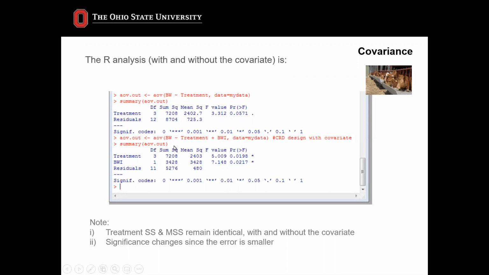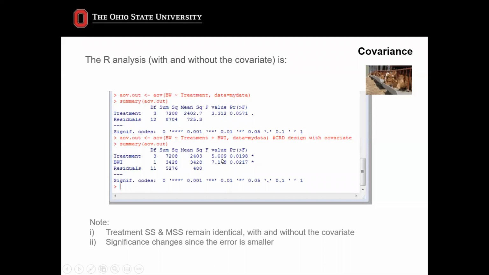But we can see that the error, the 8704, has been partitioned into a component due to true error and a component due to the starting weight, the different starting weight of the animals among the experimental units. The benefit then in this case is with the smaller residual mean square.